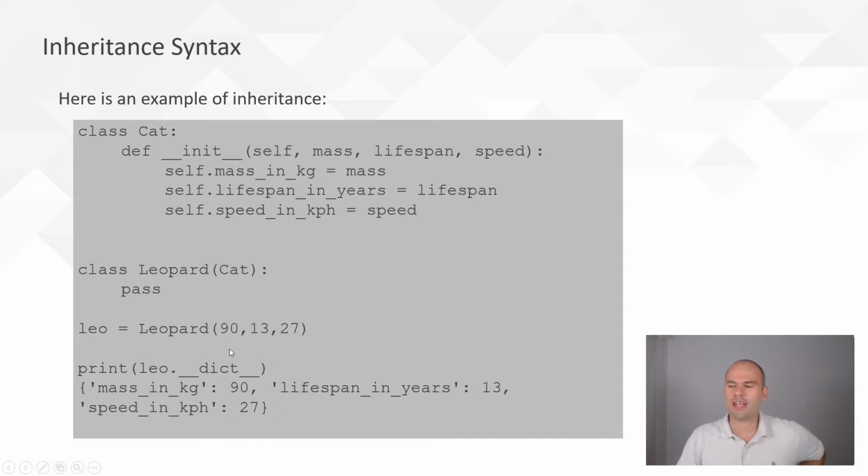So if we create a leopard, the leopard is going to have mass, lifespan, speed. And when we print the leopard dictionary here, bingo. It has all of the following, and the leopard object can be made and use all of the cat attributes in here. So let's get into code, and then we're going to add some methods to class cat, and then we're going to inherit them and experiment with that.